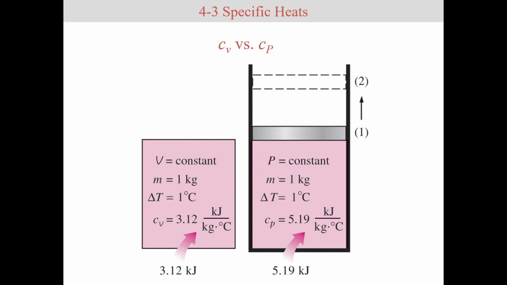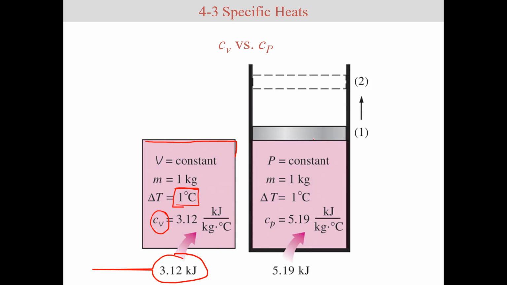This is a constant volume tank, and I have 1 kilogram of mass in here, and I want to raise the temperature of that 1 kilogram of mass 1 degree Celsius. If it takes 3.12 kilojoules of energy to raise 1 kilogram of this substance 1 degree Celsius at constant volume, we would say the specific heat is 3.12 kilojoules per kilogram Celsius.